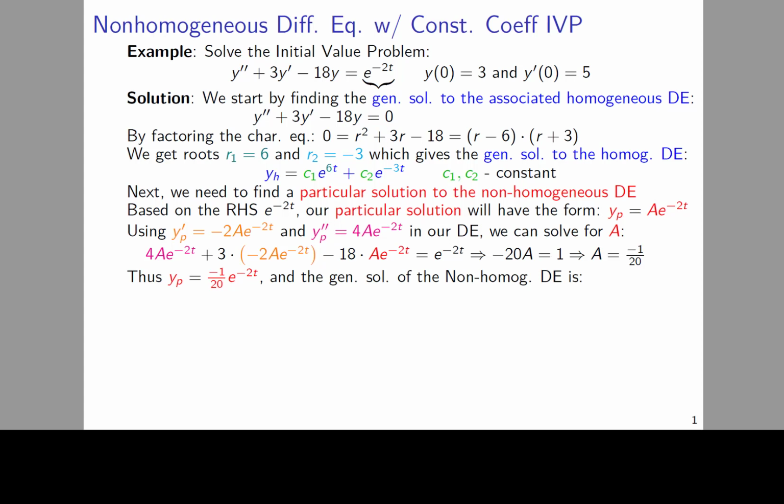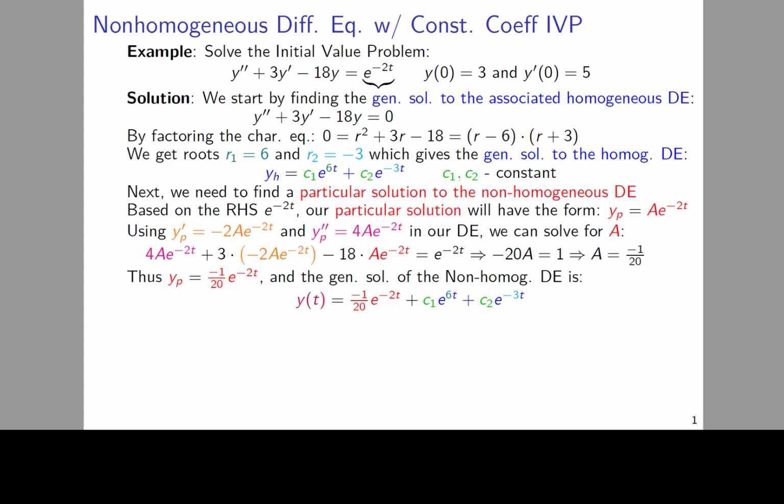And using this with the general solution of the associated homogeneous differential equation, we can conclude that the general solution of the non-homogeneous differential equation is y(t) = -1/20 e^(-2t), our particular solution, plus c1 e^(6t) + c2 e^(-3t), our general solution of the homogeneous differential equation. So we've now found the general solution of our original differential equation.